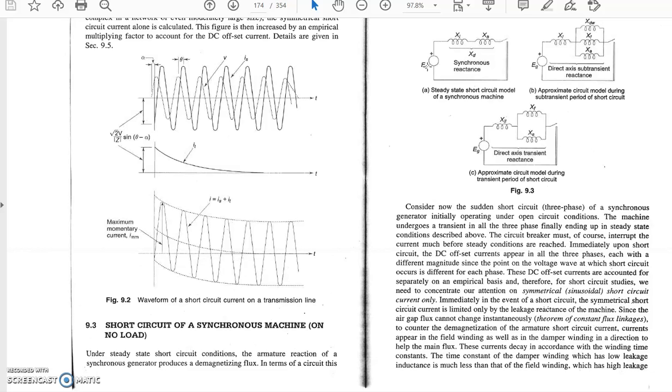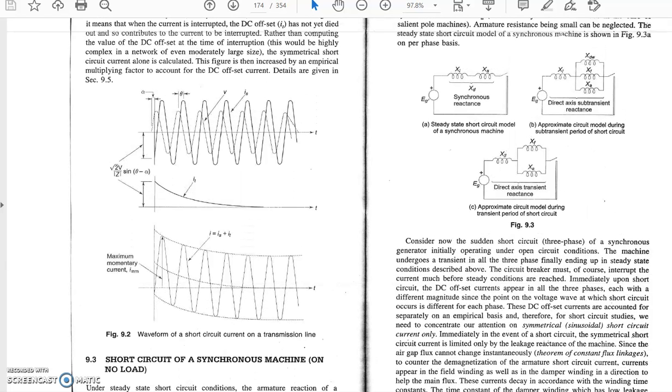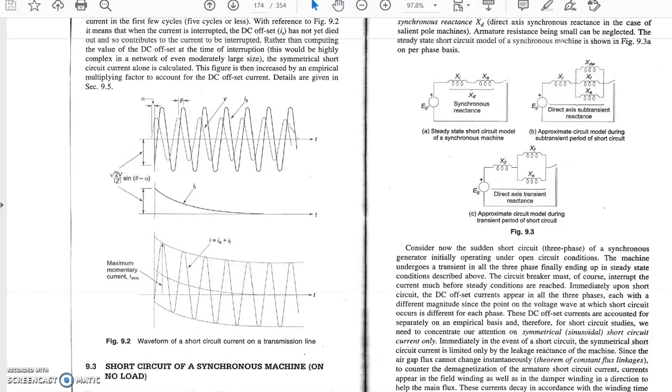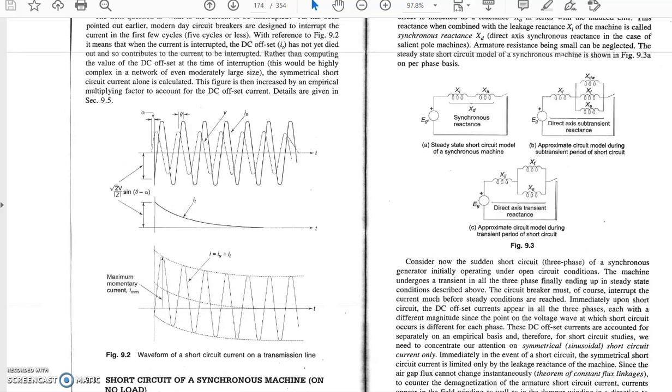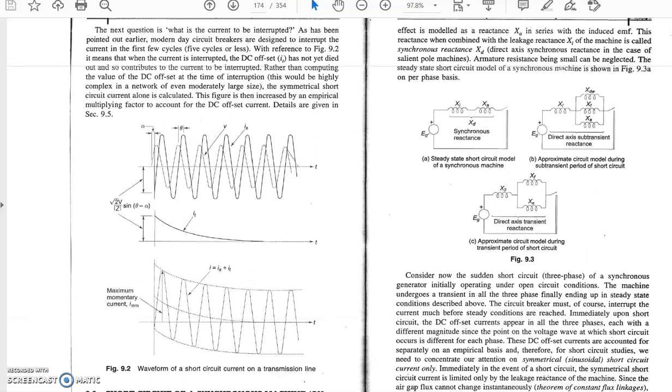In terms of circuit condition, this is modeled as XD, the direct axis synchronous reactance, which is a combination of XA in series with the induced EMF.